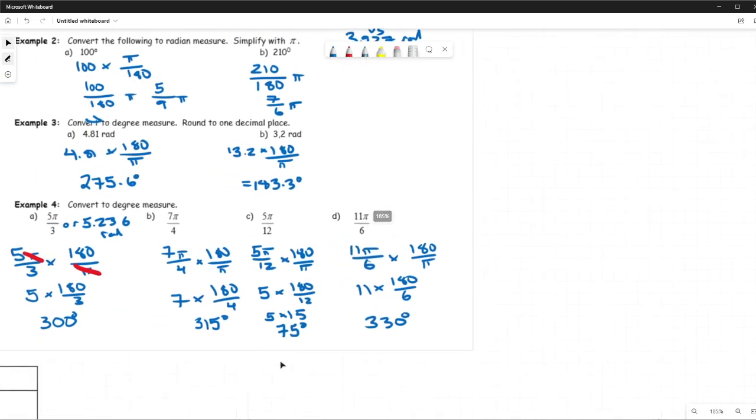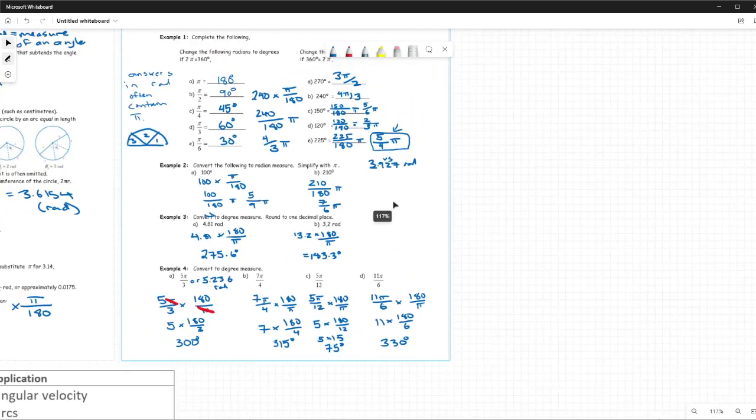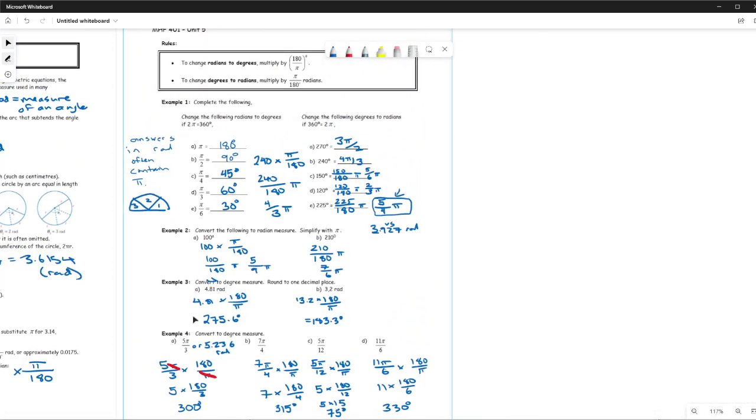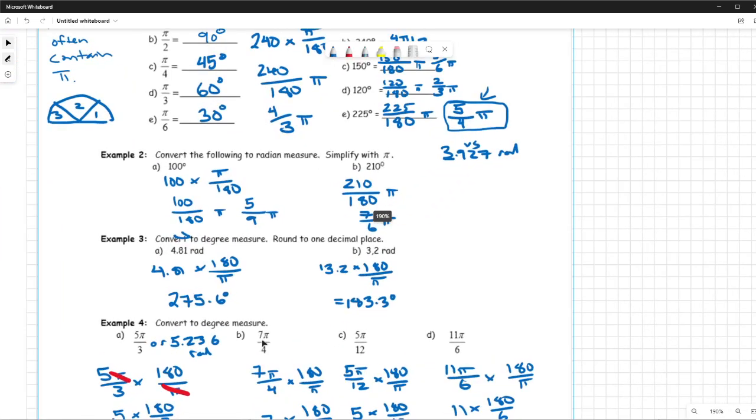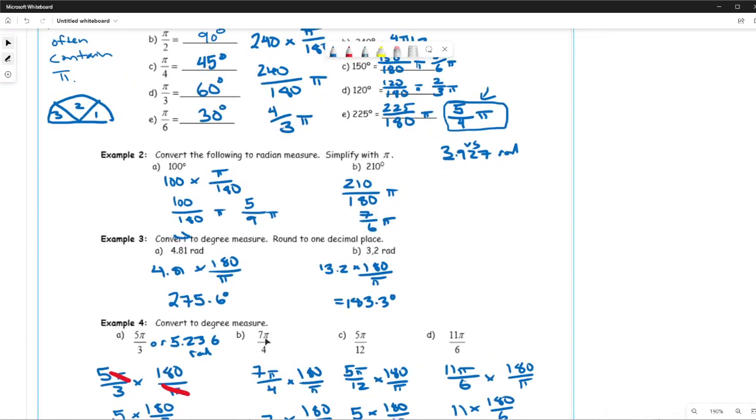Okay, so this first page is, I think, a really important page to get comfortable with. As I say, in the long run, I want you to look at 7 pi over 4 and know what it means without having to convert it. But of course, I recognize that on day one, you're not necessarily going to be there.